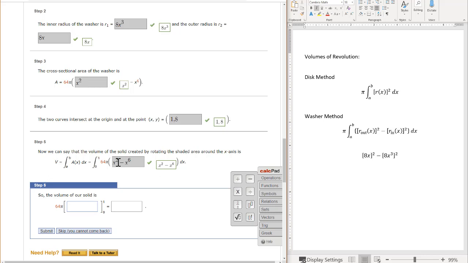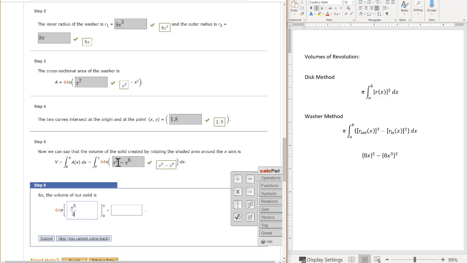We integrate this, we get x to the 3rd divided by 3 minus x to the 7th divided by 7. When we put 1 in there, we get 1/3 minus 1/7, and when we put 0, we get 0.